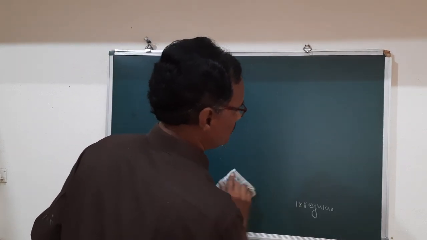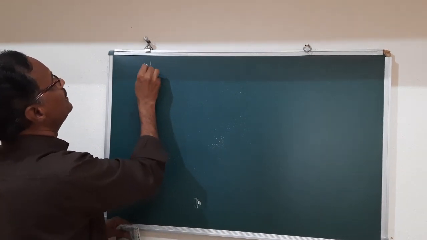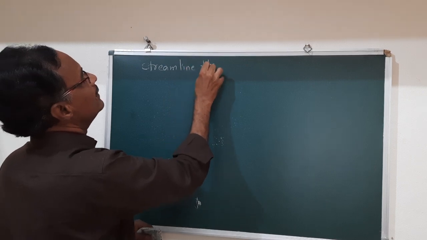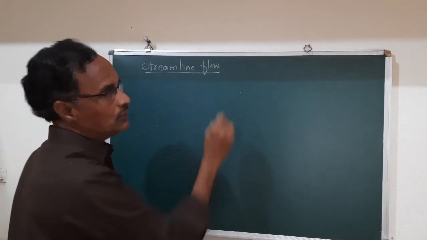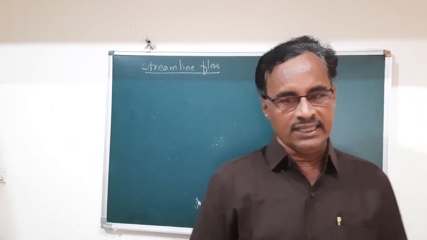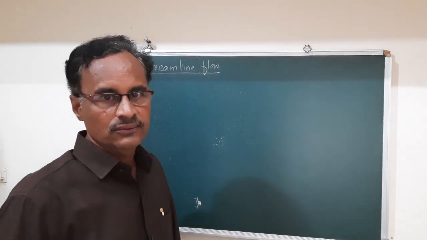What is turbulent flow? What is streamline flow? Now the streamline flow is also called a regular flow. It is also called a steady flow. Okay. Now what are the characteristics of the streamline flow?